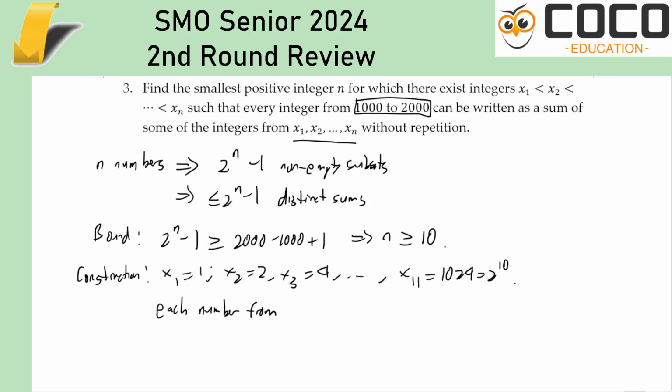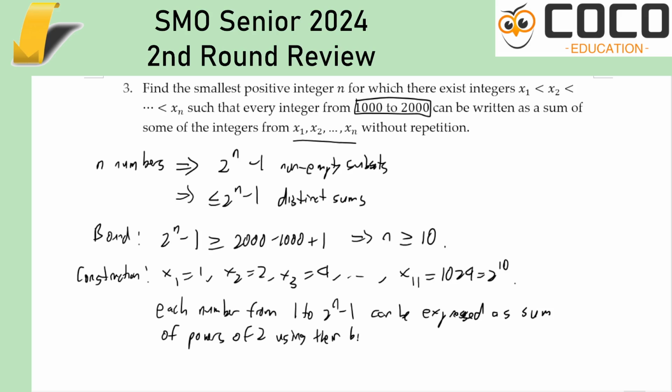In fact, not just from 1000 to 2000, but from 1 to 2 to the 11 minus 1 can be expressed as such a sum. So this would mean that n equals to 11 is sufficient.